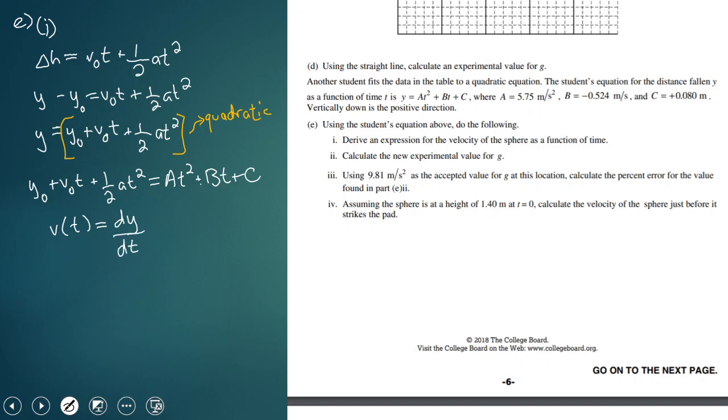And so the derivative of this expression with respect to time would become v naught plus at.